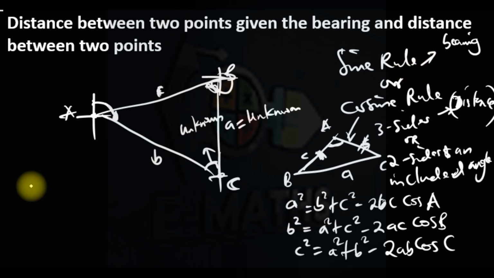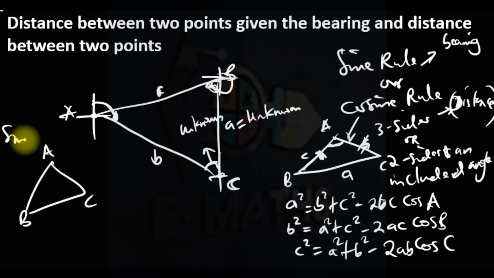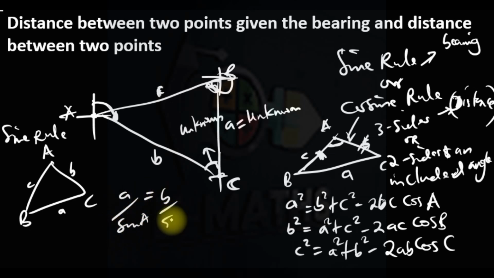I remember sine rule states that if you are given triangle A, B, C, then a over sine A is the same as b over sine B, same as c over sine C. So that's our sine rule. So with this, we can get the angle.